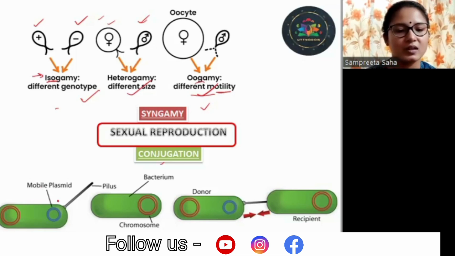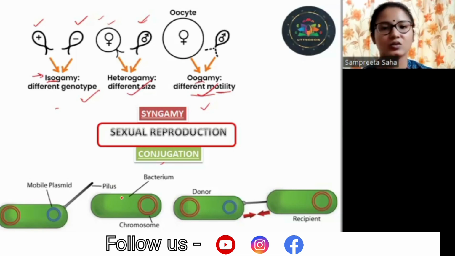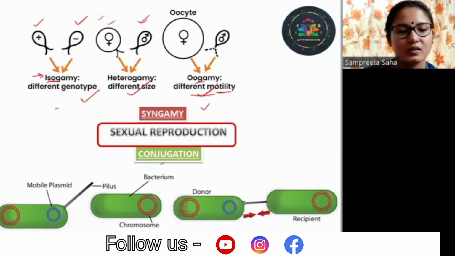Here you can see there is a plasmid which is being transferred through a pilus into another bacterium, and that gets integrated. So the bacterium which is giving the genetic makeup, or the plasmid in this case, is called a donor, and the one that is receiving is called a recipient. All right. So that is all about sexual reproduction.